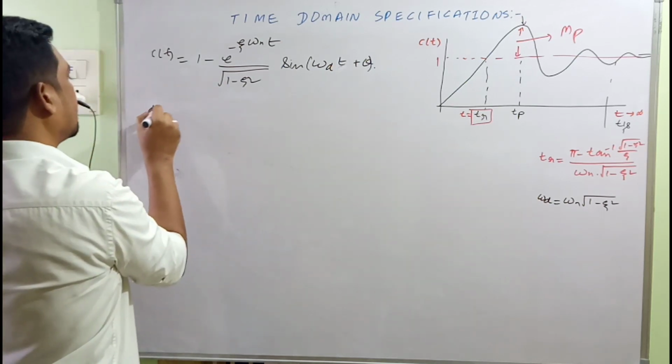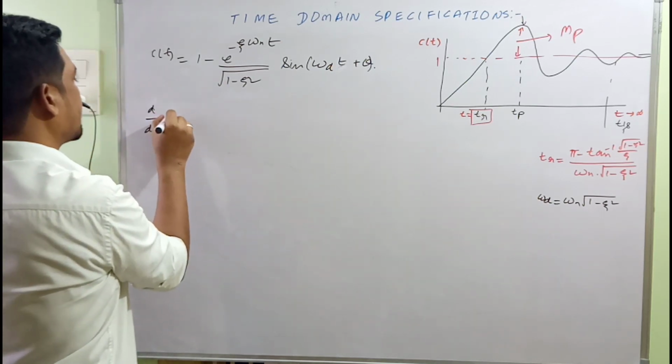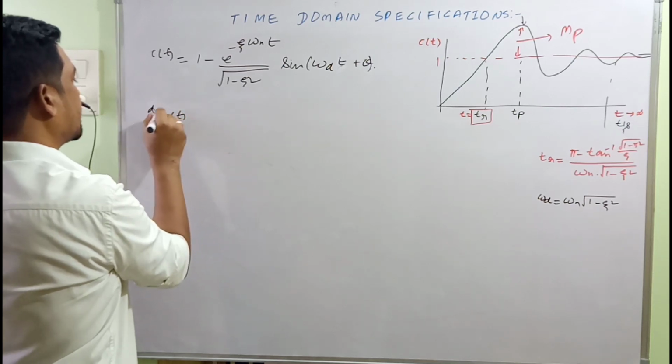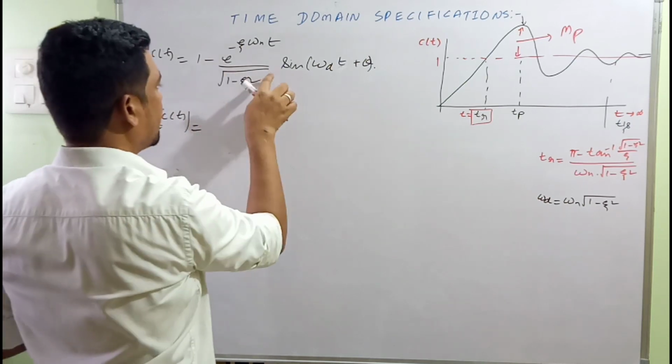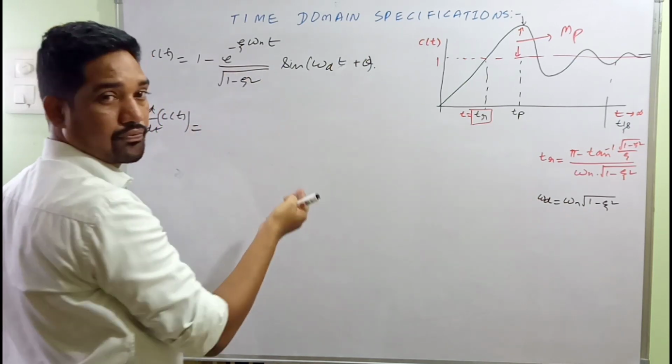The first derivative of the response subjected equal to 0, the leftover will be the expression for TP. d by dt of c of t will be equal to, this is 1, so that will be 0. We have two terms over here, so making use of the UV rule.